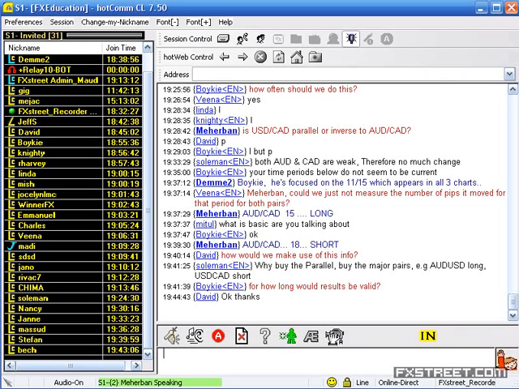Solomon asks, but why buy the parallel, buy the major pairs, for example, Aussie USD long? Sure, you could. That could be the result of your analysis, Solomon. So you don't have to buy or sell the exotic. Once you analyze, you can, if you find a better opportunity on Aussie USD or Aussie CAD. Here's another thing.